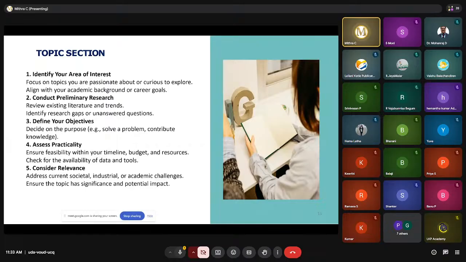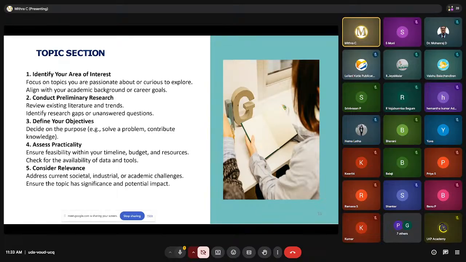Before keeping the title, it is very much important that you identify your research area of interest. That is why you need to have proper collaboration or discussion with your guide, or you have to explore. Because how would you know whether you like the biomedical field, or agriculture, or image or medical? So you have to explore.